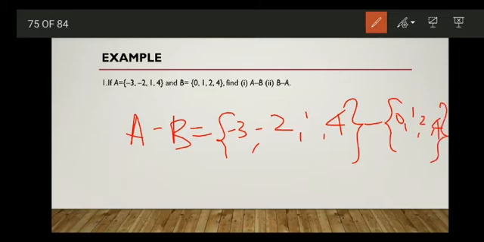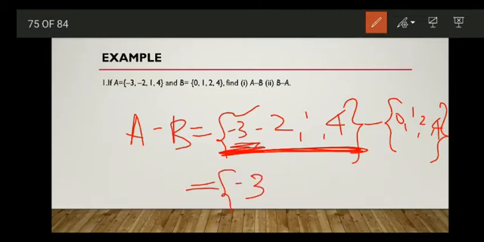A difference B means elements in A which are not in B. So we have to consider elements of A and make sure that those elements are not in B. First we'll consider the first element, -3. We have to see whether -3 is in B. -3 is not in B, so we have to consider that. See the second element, -2. When you take -2, it is only in A, not in B.